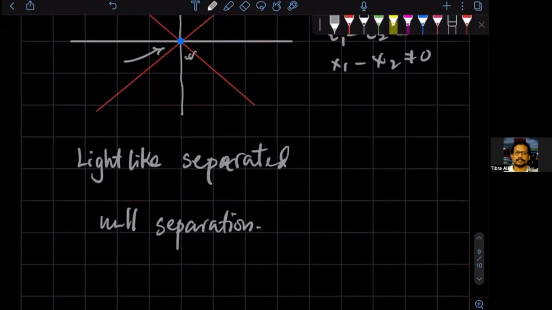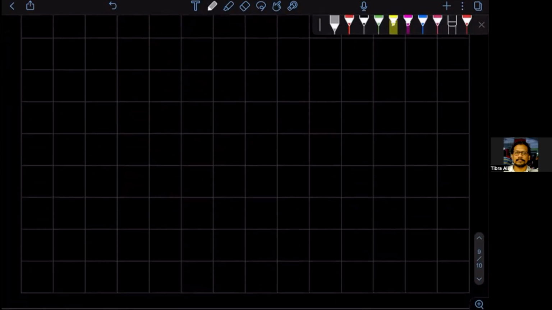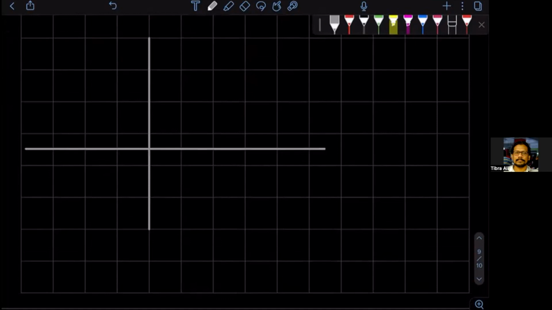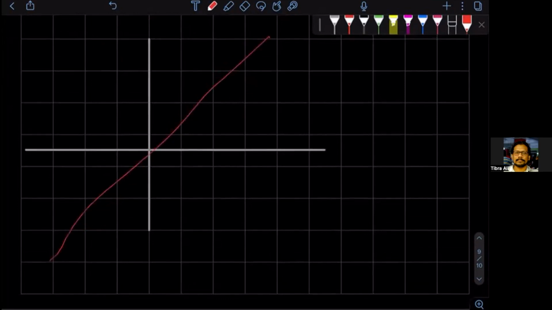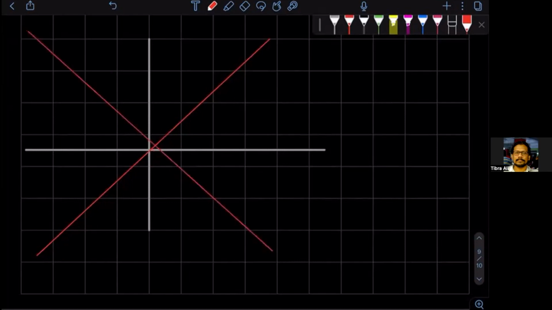So the last one is called, suppose that you have these 2 points, then what would be delta S squared?